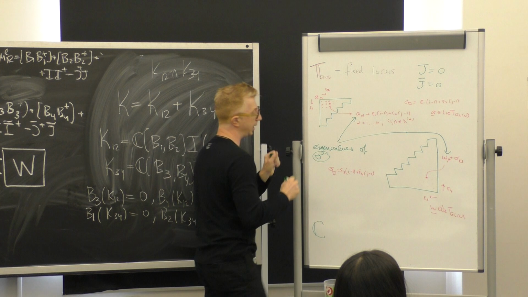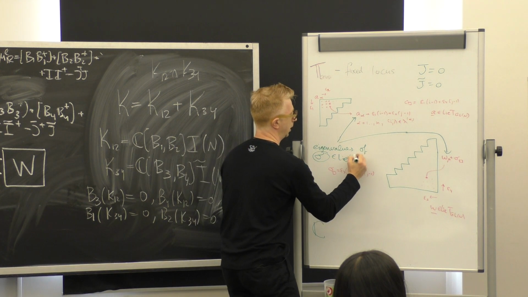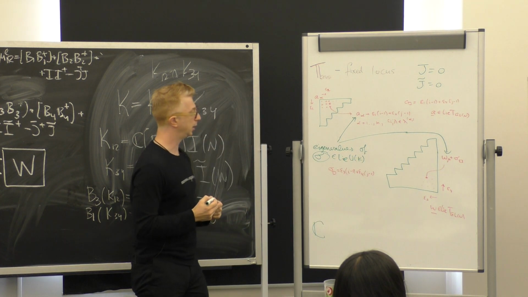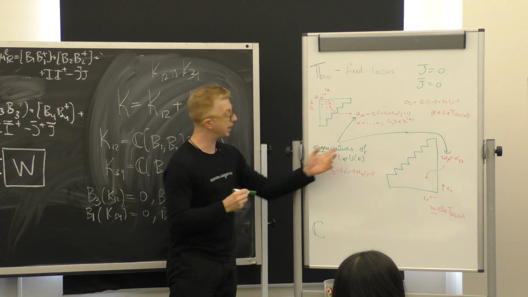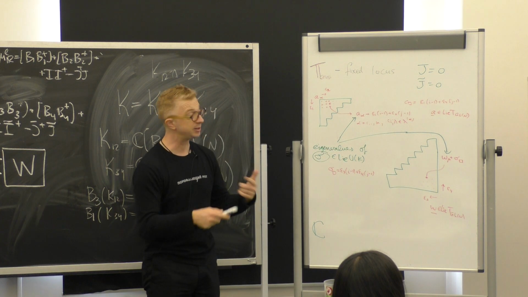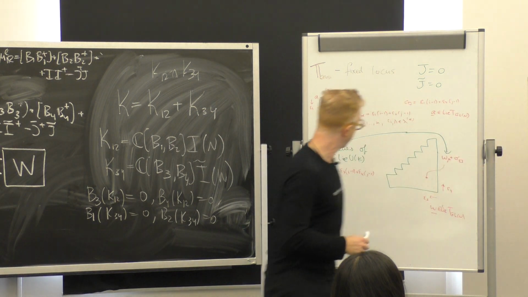So this is compensating the gauge transformation, which was compensating the action of the global symmetry group.